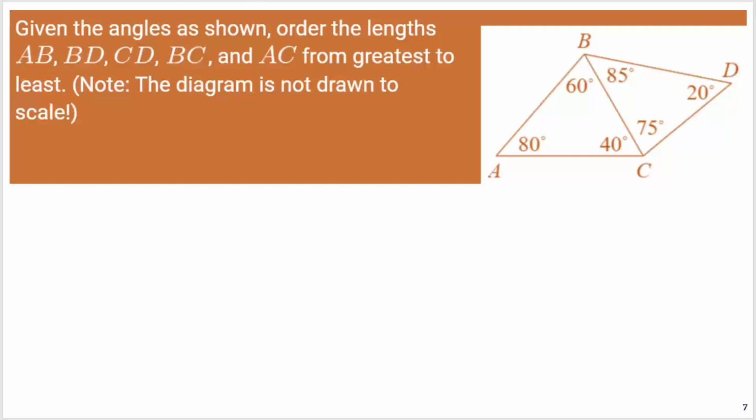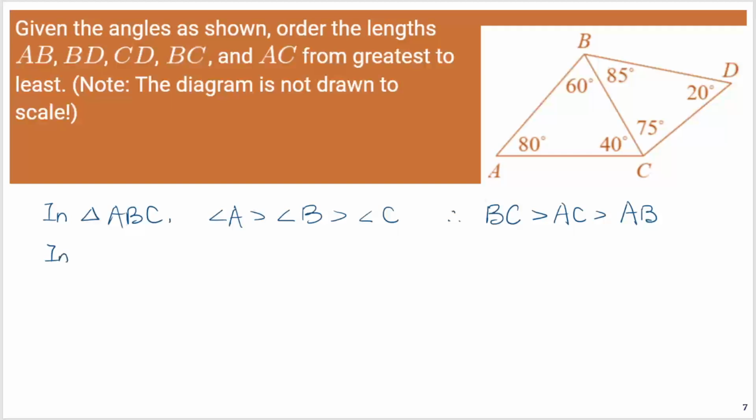Alright, let's have a look at the solution together then. So first of all, we can consider triangle ABC. In that triangle, we have angle A is larger than angle B, which is larger than angle C, right? Therefore, we have BC is larger than AC, which is larger than AB, right?